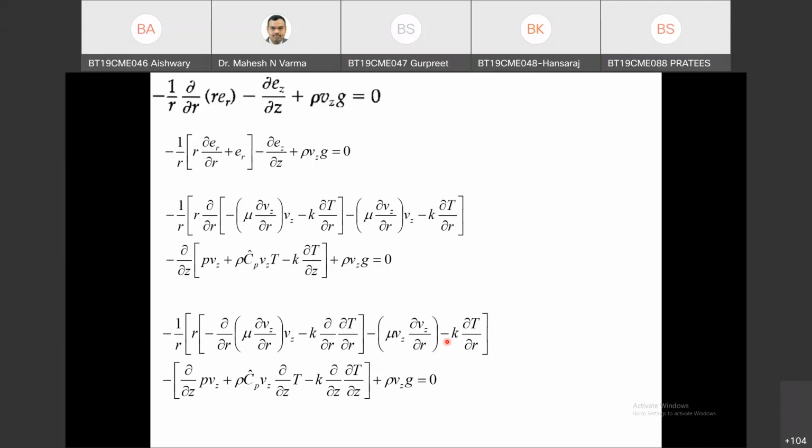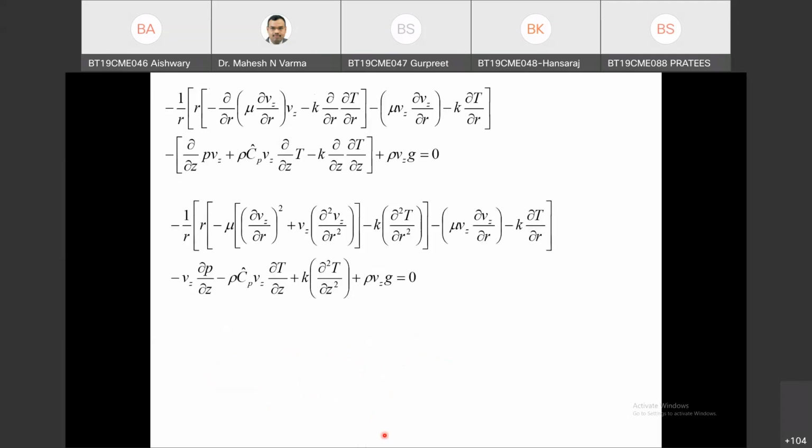This is just rewritten: mu Vz into dVz by dr. Now here you can see that d by dz of Vz is 0, so this will be 0. This will be non-zero, all other things are 0. Anyway, this is 0, del P by del Z.